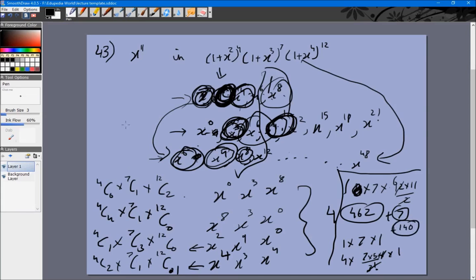And the last term gives me 4c2 is 4 factorial by 2 factorial, 2 factorial, or 4 into 3 by 2 factorial, into 7 into 12. 2 factorial cancels with 2. So 2 into 3, 6 into 7 into 12, which comes out to be 504. And if you add these 4 terms up, you will get 1113. So the answer is option C.